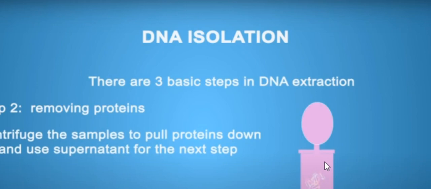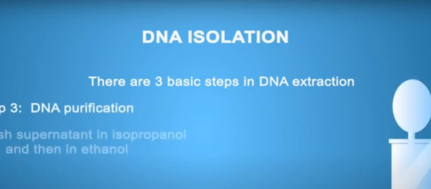Then the sample which contains the degraded protein and DNA can be separated by the process of centrifugation to remove the protein. All the protein molecules after breakdown will settle at the bottom and the DNA will float up here. They will form a remarkable layer and that is stable.